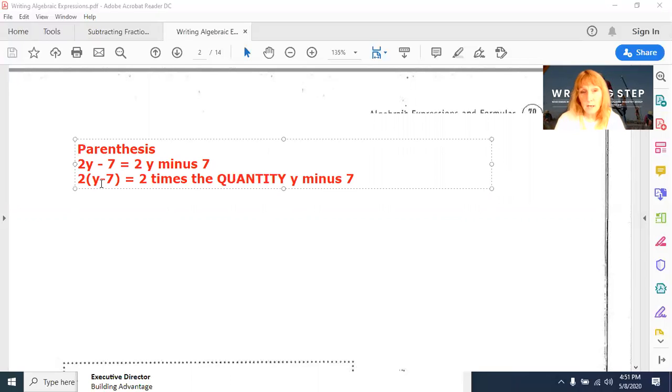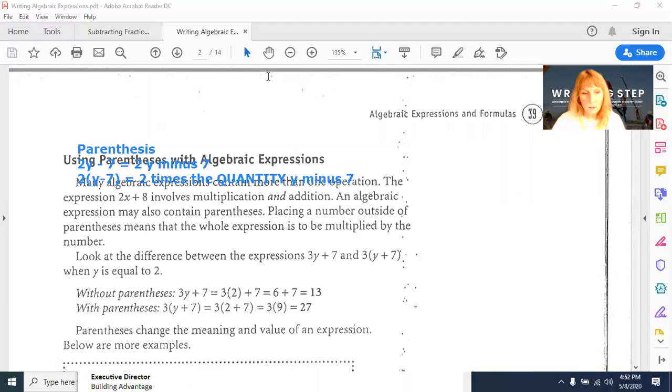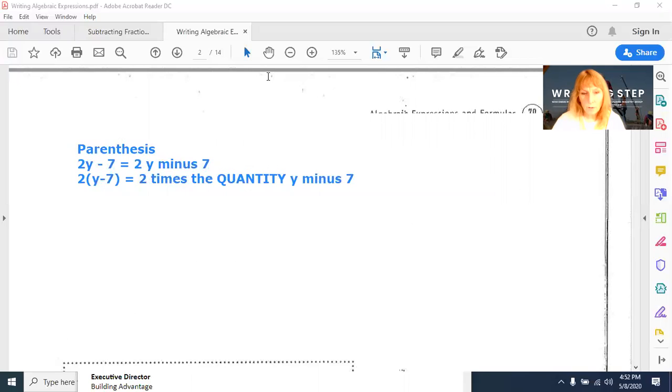So for instance, if y was 10, in the first expression, let's see what that would come out to be. If I said y was 10 and I substituted that in, 2y minus 7.